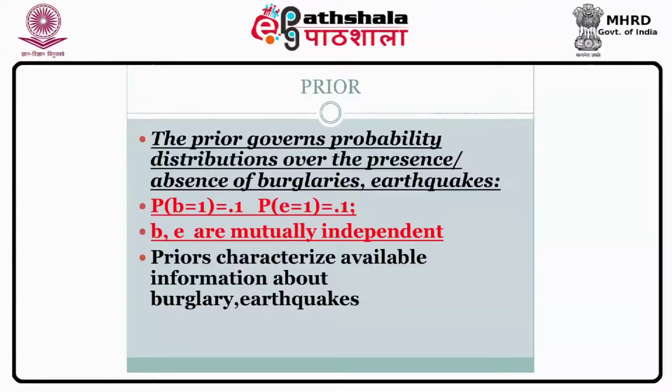And similarly, the chance that an earthquake occurs is 0.1. And we assume that there is no relation between burglary and earthquake, which is a very straightforward and natural assumption. The priors characterize available information about burglary and earthquakes.